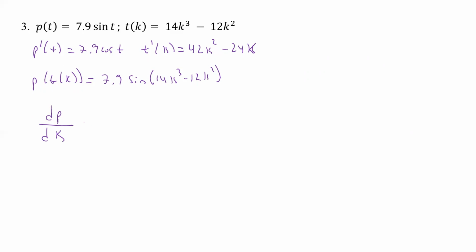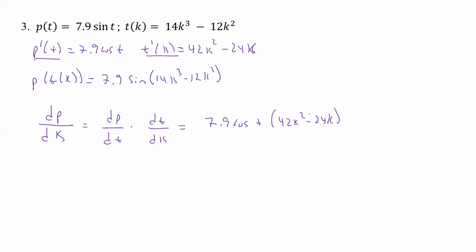So top and then bottom. Well, how do I get there? Well, I'm taking dp dt, well, I found that right there, times, and then I have dt dk, well, I found that right there, and so I just take and multiply those. And then times 42k squared minus 24k.